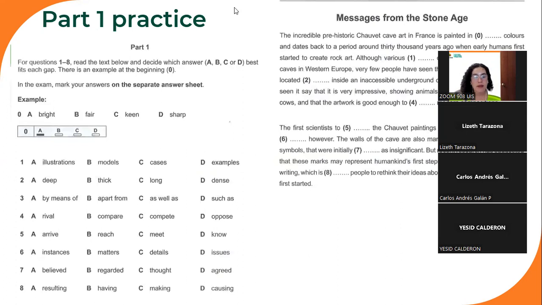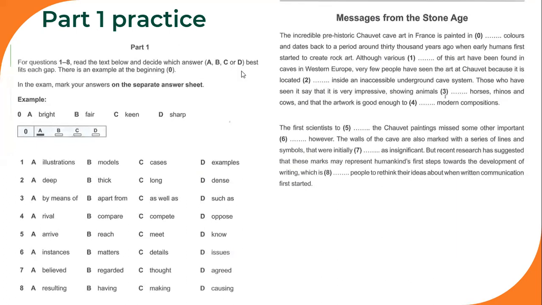So exercise number 1, or part 1, is to read the text here and decide which answers A, B, C, or D best fit each gap, all right? We have the example: bright, fair, keen, or sharp. So it is for number 0.